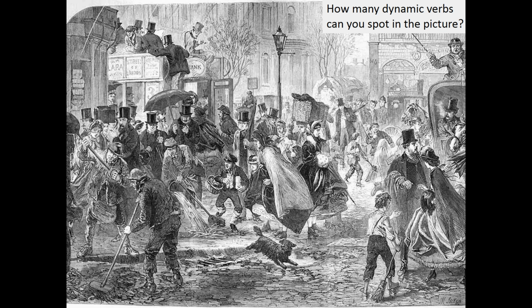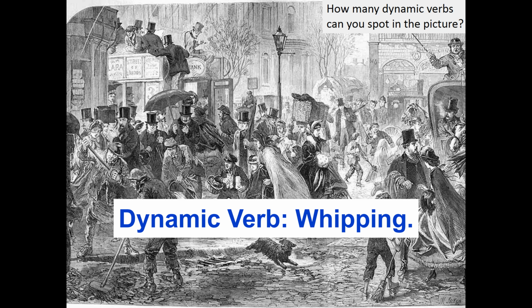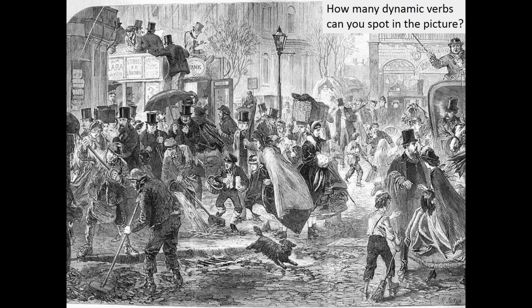The man has a whip and we could say maybe he is whipping the horse. The man is driving as well. That's physical. We see shoveling, we see digging, we see throwing. So all of those verbs are physical verbs, and so they're dynamic verbs.